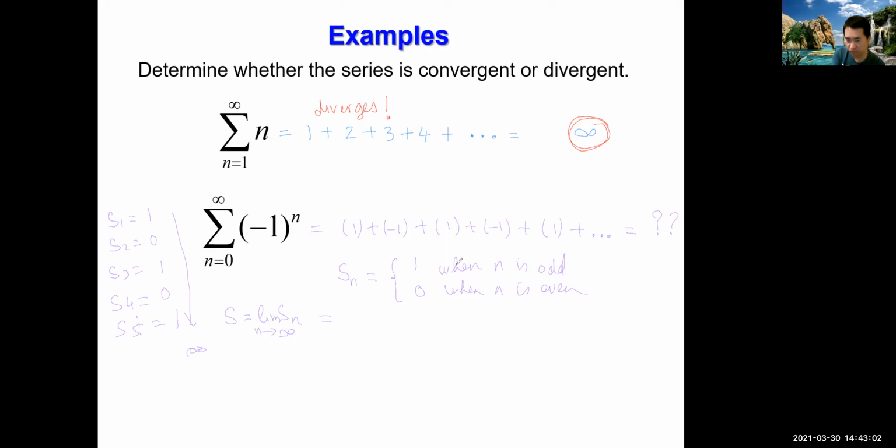So although I don't know the answer, I know that the sum is bigger than roughly 1 plus 1 plus 1 plus 1 plus 1. And if you add 1, 1, 1, infinitely many of them, this goes to infinity. And this sum is more than that. So the sum here has to be getting larger and larger, so it will approach infinity. And so this series would diverge as well.